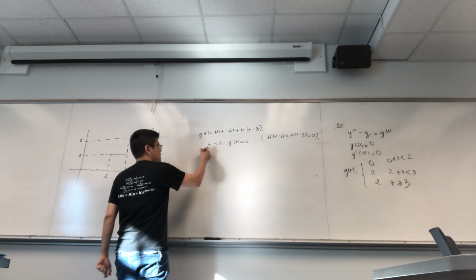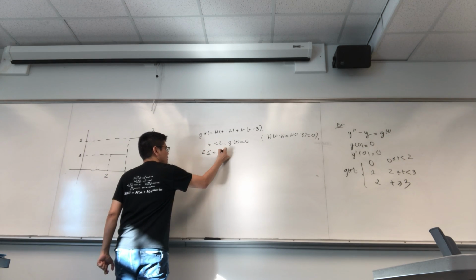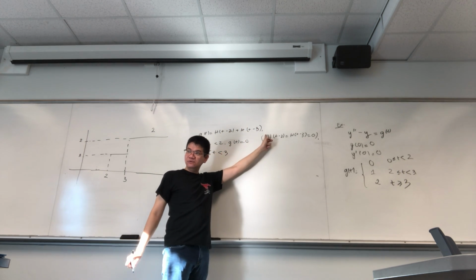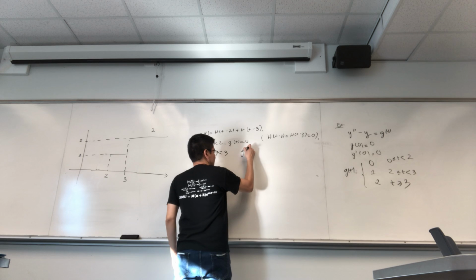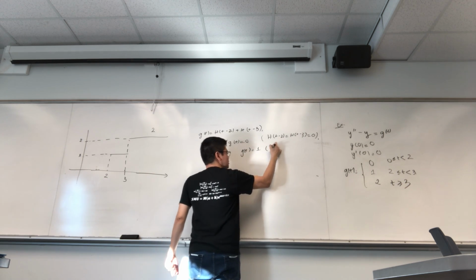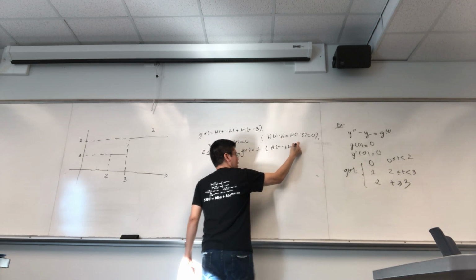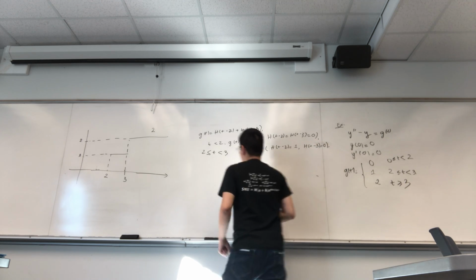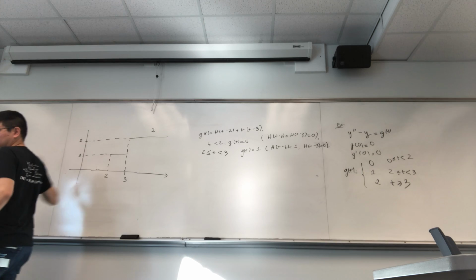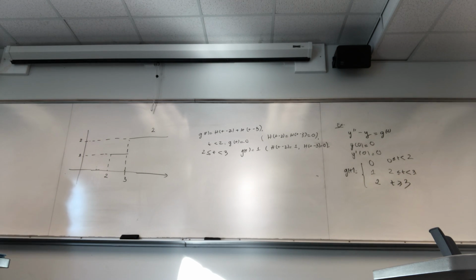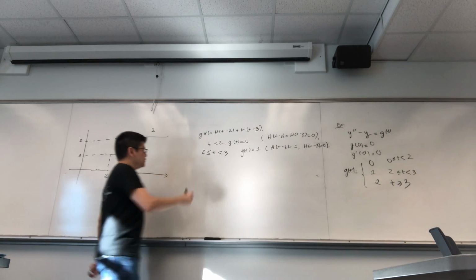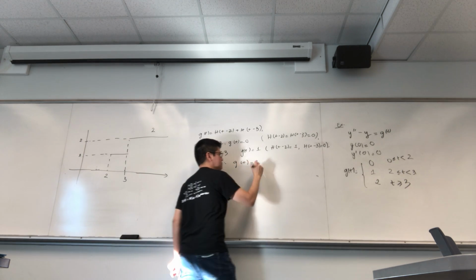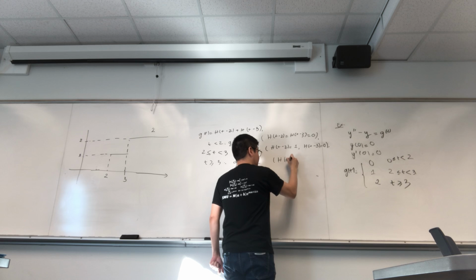Now when t is from 2 to 3, the first one is 1 and the second one is 0, so g(t) has to be 1. So h(t minus 2) is 1 and h of t minus 3 is 0, which is from here to here, right? And when t is bigger than 3, g(t) has to be 2 because both of them are 1.